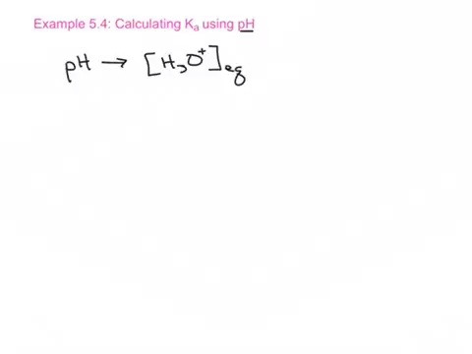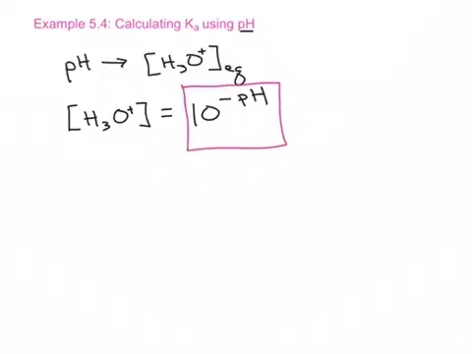And that's because you know that the concentration of H3O+ is equal to 10 raised to the negative pH. And let's put a big happy star by that because it's very important.